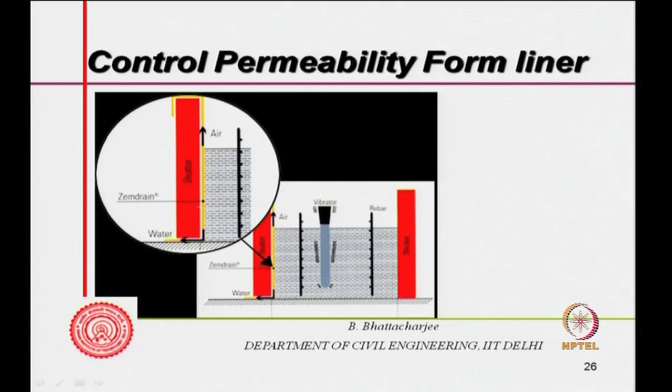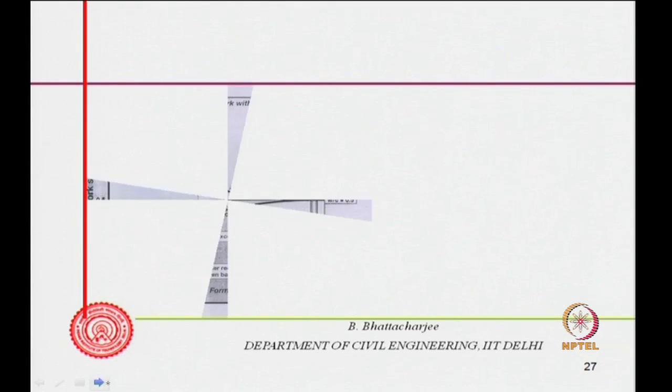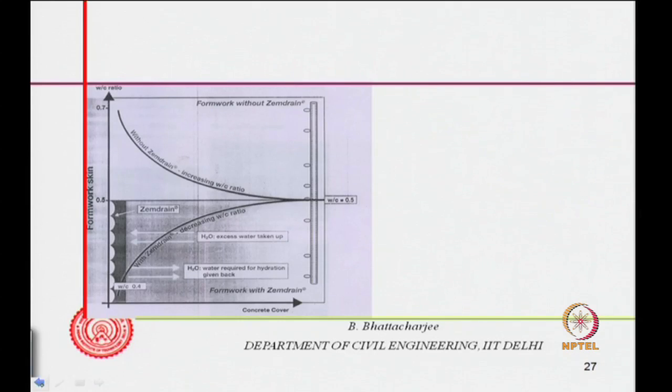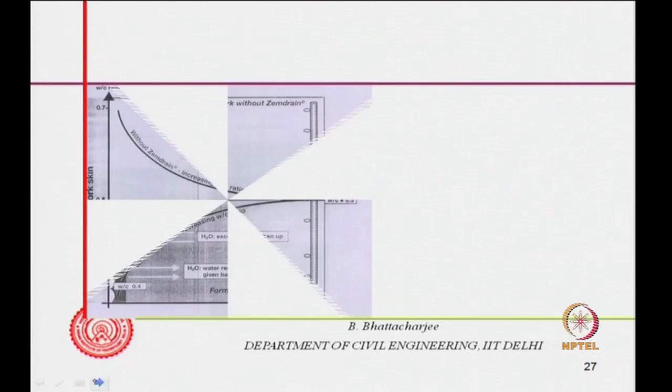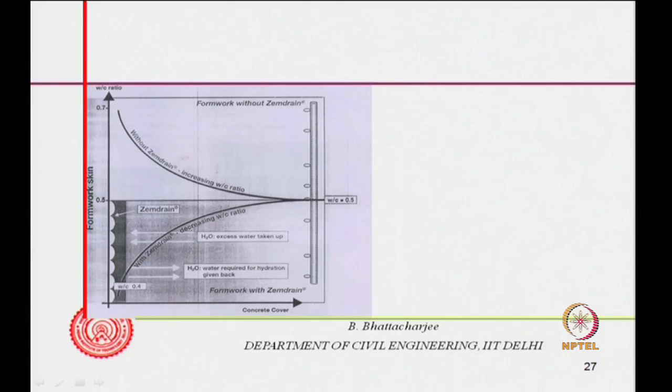So this is the lining material, and this is your formwork. When you vibrate, water and air have a tendency to move towards the outer periphery, and when you have this material, the water cement ratio here reduces significantly.